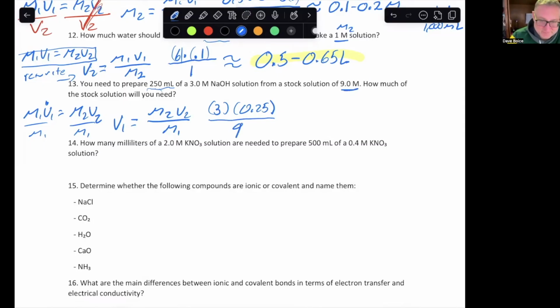Okay, and if I put that into my calculator, that's going to be somewhere around 0.08 to 0.09, somewhere around there, which would be about 80 to 90 milliliters if you convert that for your answer.